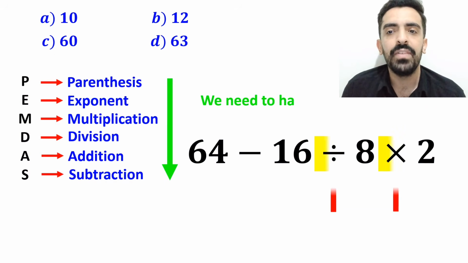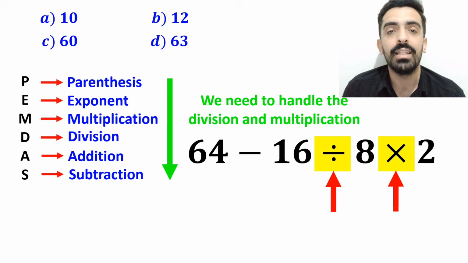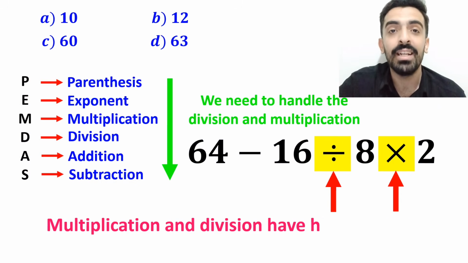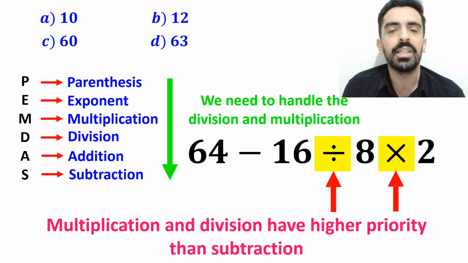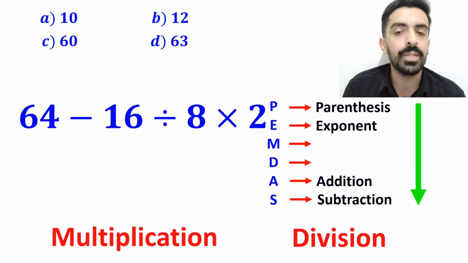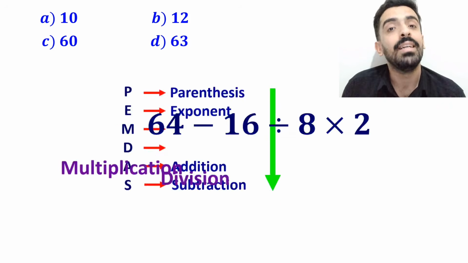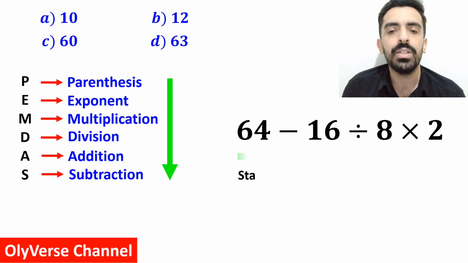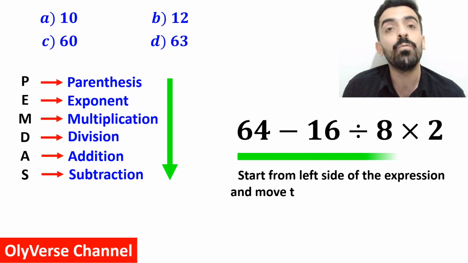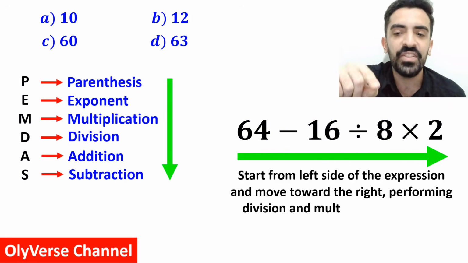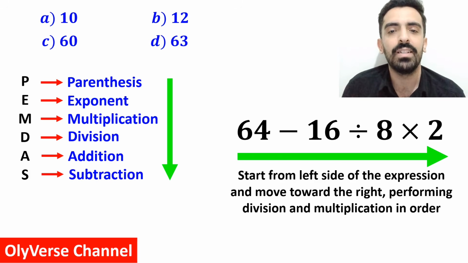And the next step, we need to handle the division and multiplication, since multiplication and division have higher priority than subtraction. However, it's really important to understand that multiplication and division have exactly the same level of priority. In this situation, the best thing to do is to start from the left of the expression and move toward the right, performing division and multiplication in order.